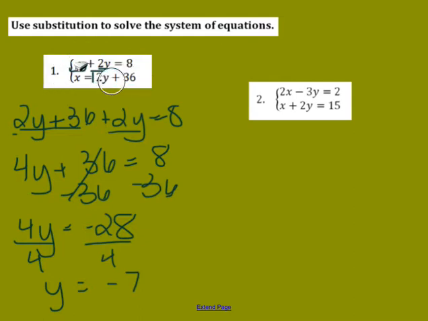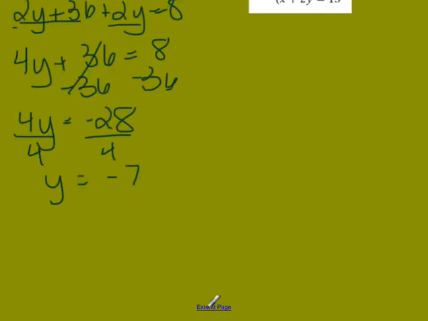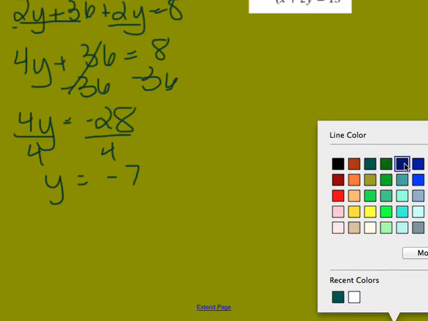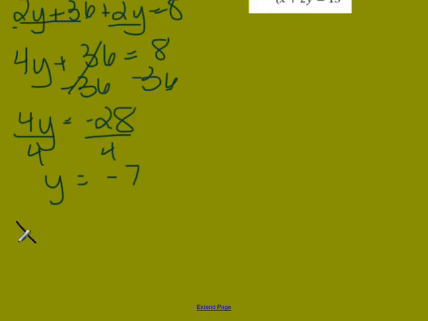Now I know that is the case for one of these. I'm going to go up to the top, and where I see y in this equation, I'm going to plug in negative 7. Here's the beauty about this whole thing: it doesn't matter which equation you plug it into. I chose to plug it into the second one because it's already solved for y. I'm going to rewrite that second equation exactly as is.